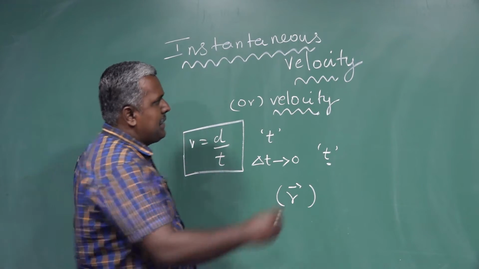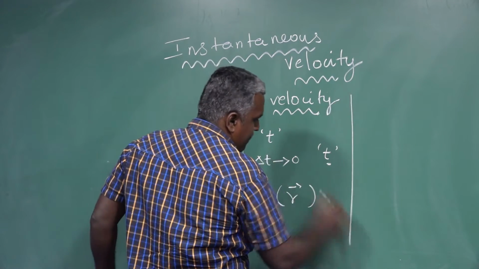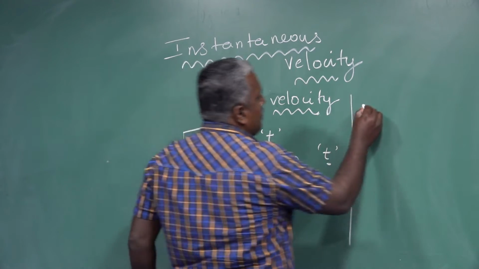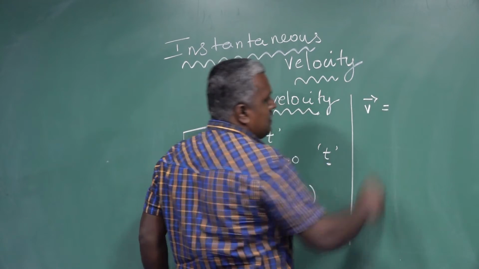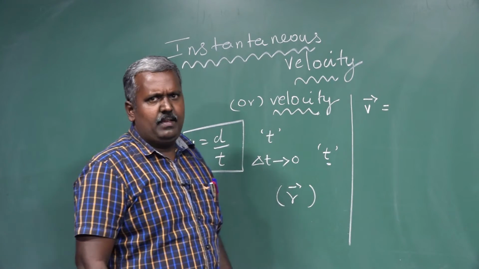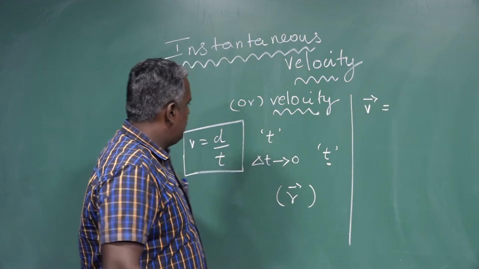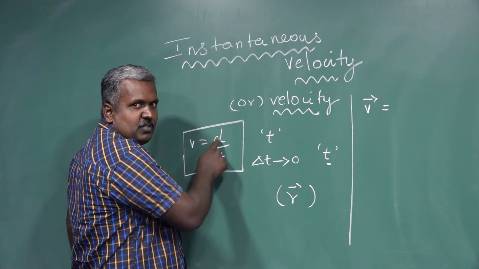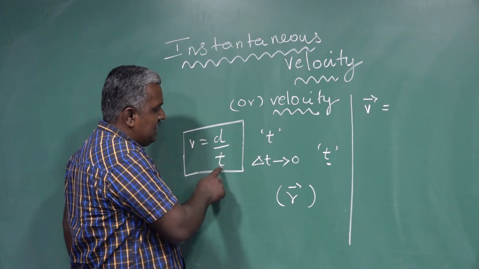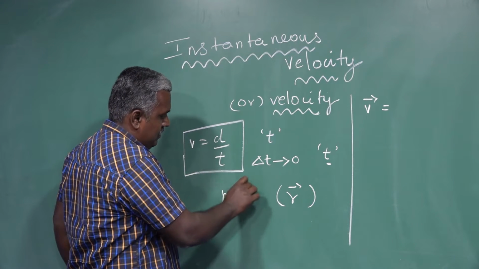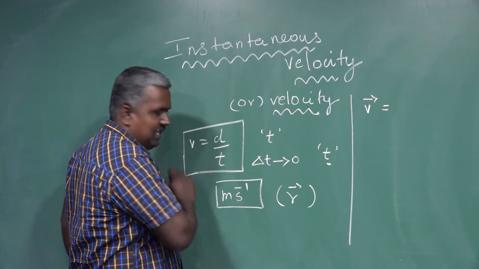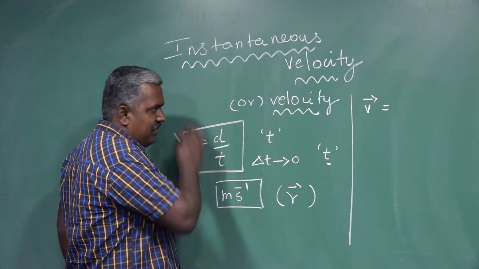So V vector, because this is a vector quantity. Its unit you can write from this small formula: meter per second. This is the unit of velocity. This is the basic formula of velocity.